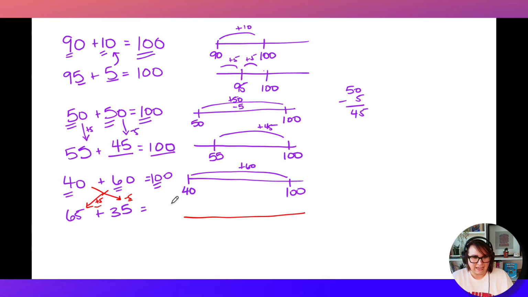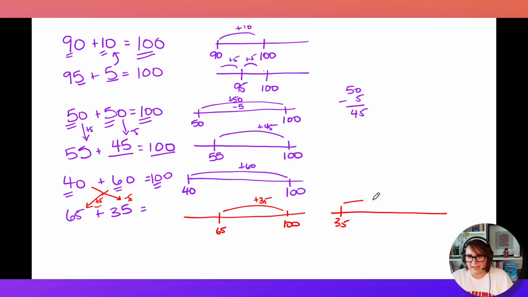Yeah. If we start at 65 and we add 35, that gives us 100. We can even look at this the other way, right? We could represent this as 35, and we're going to add 65. That's going to get us 100. Interesting to compare these two, right?